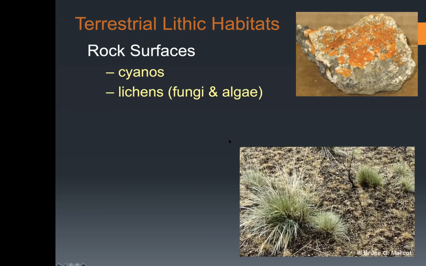What else do you think characterizes living on this rock? What other aspects of that habitat would they encounter aside from not having much ground to get stuff from? Maybe water retention.